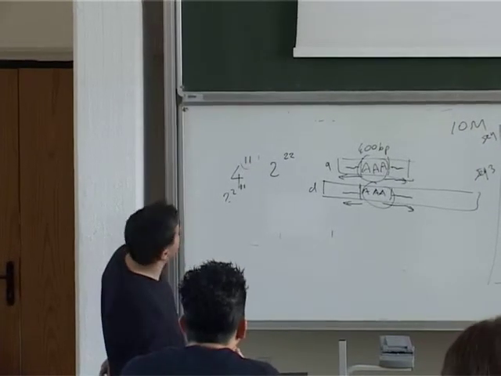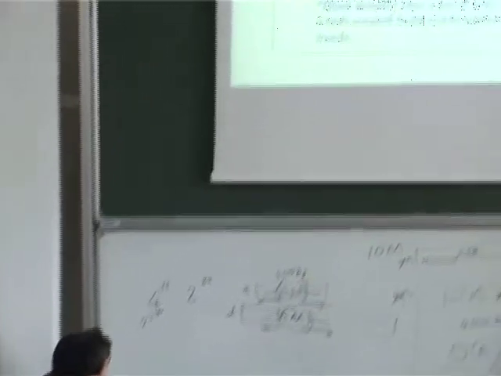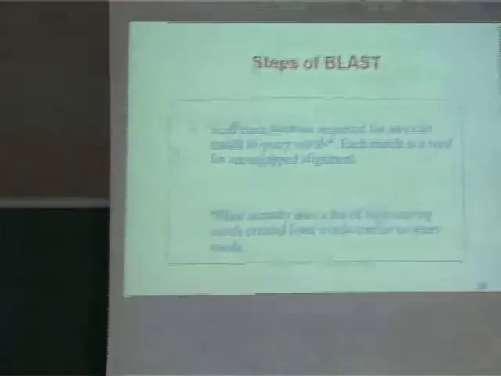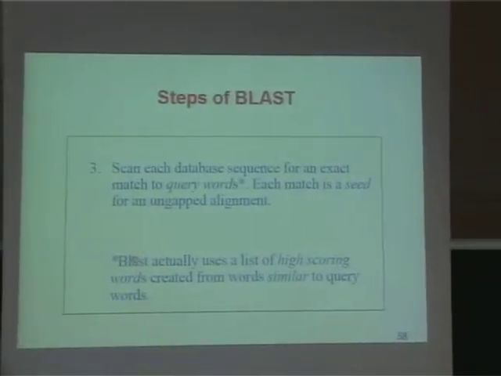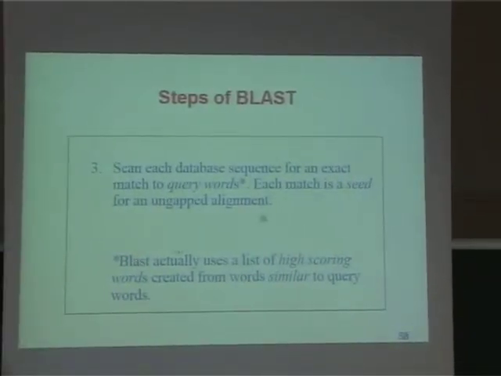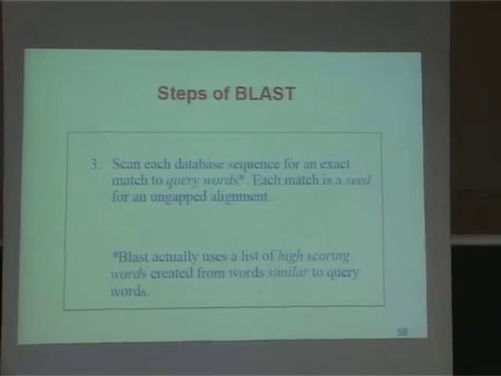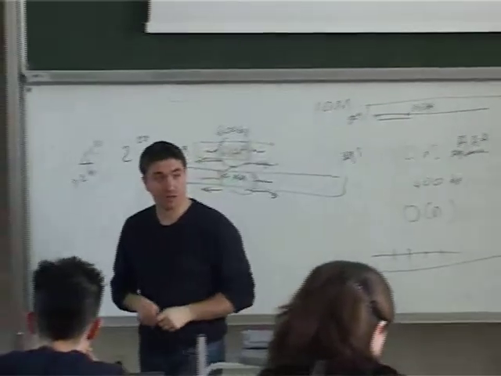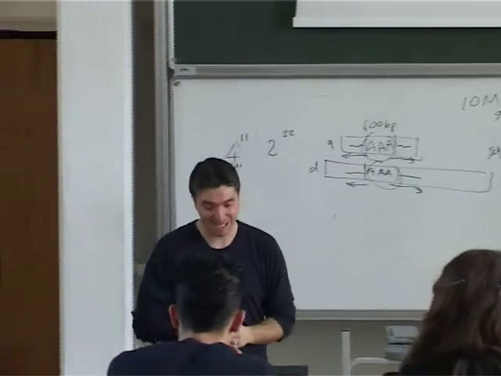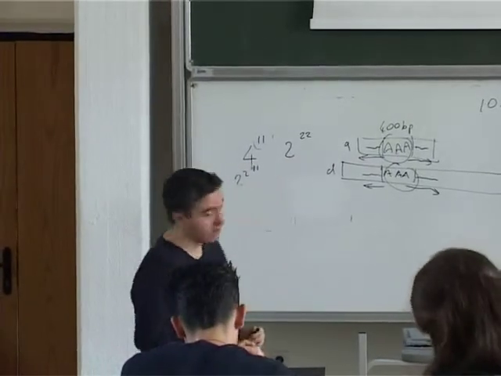This index preprocessed database is searched for these query words, these words of length 11. And each match is a seed for an ungapped alignment. This is in original BLAST. So this is after we have found which database sequences have exactly the same word, this becomes a seed match for an ungapped alignment.